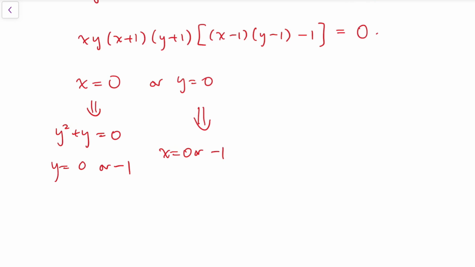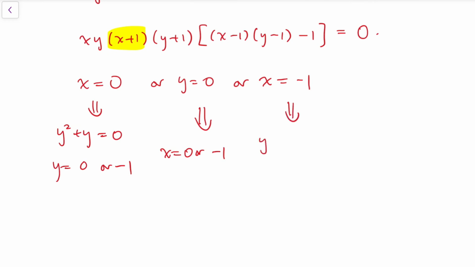Now for x equals -1, which arises from the factor x plus 1, that should give y cubed minus y equals 0. So y equals either 0 or plus or minus 1, and similarly for the case y equals -1.